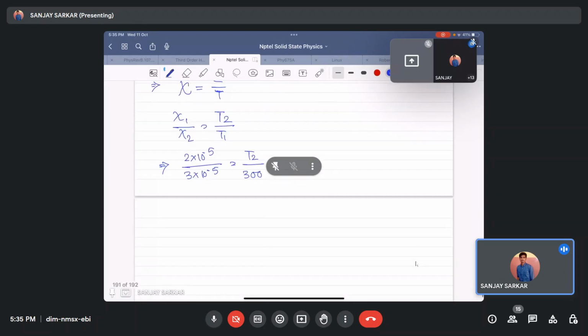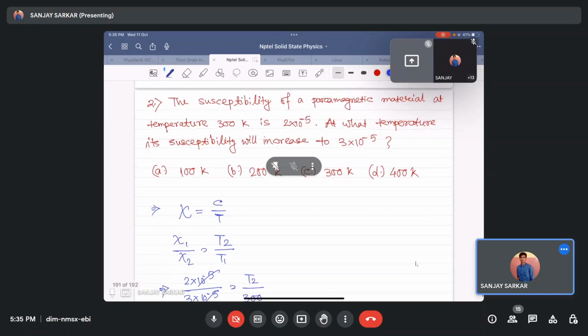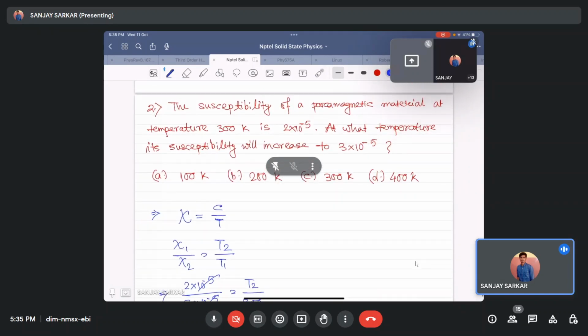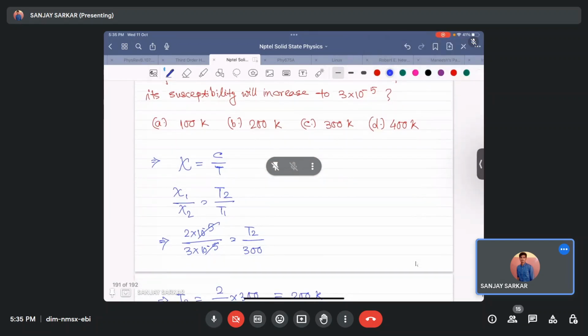So according to this, what will be T2? T2 is, so 10 to the power minus 5 cancels out. We have 2 by 3 into 300. That means 200 Kelvin. So the right answer is option B again.